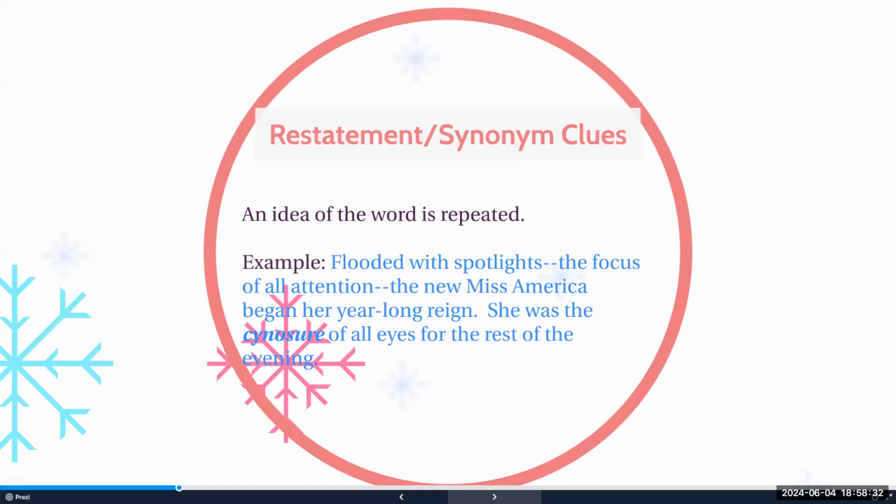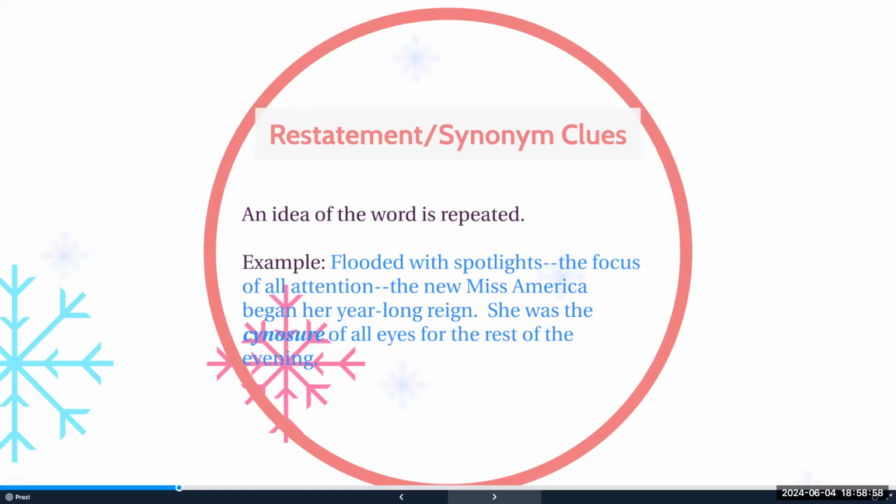So we know that if someone is in a Miss America competition, the spotlight is on that person. Yeah? So then our sentence says, flooded with the spotlight, the focus of all attention, the new Miss America began her year-long reign. She was the signature of all eyes for the rest of the evening.